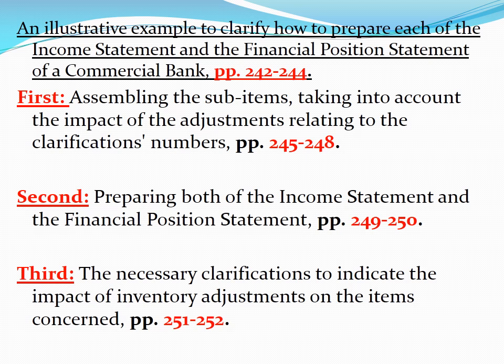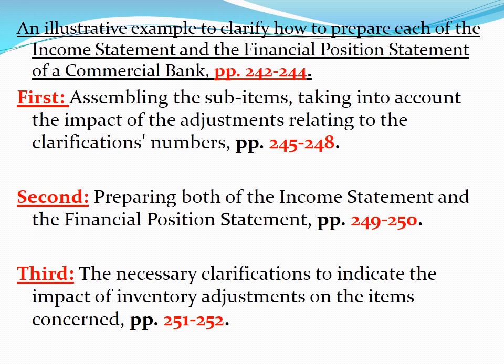Second, preparing both the income statement and the financial position statement, pages 249 and 250. This means that after assembling the sub-items together, taking into account the impact of the adjustments, that is in the first step, we have to take these accounts after adjustment to affect the income statement and the financial position statement.